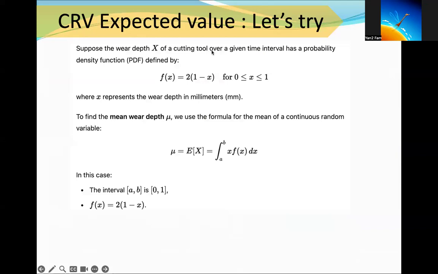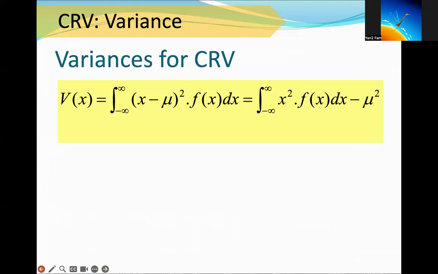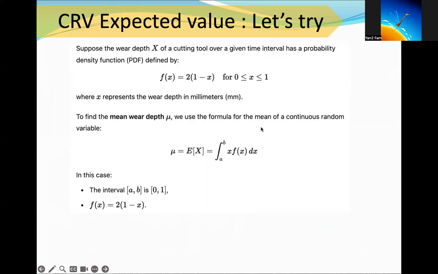Suppose that X is a cutting tool over a given time, with this probability density function. Find the mean. Like I mentioned, the mean is x times this formula. So you add in the x and do the integration, and you tell me what the mean is, okay?